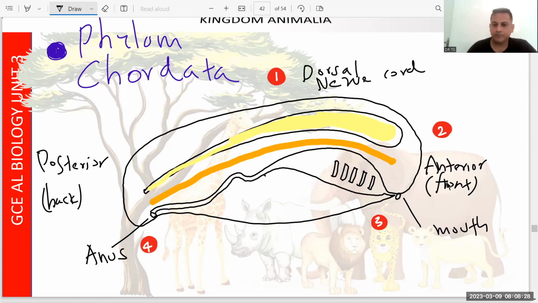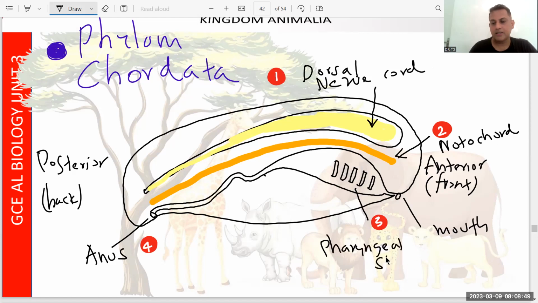The second one, this structure, is called notochord. And this one is called pharyngeal slits.